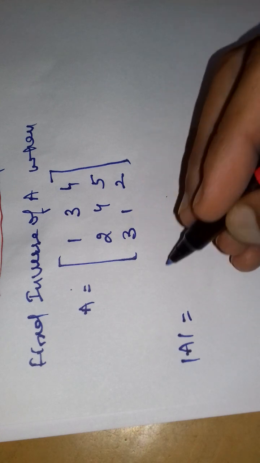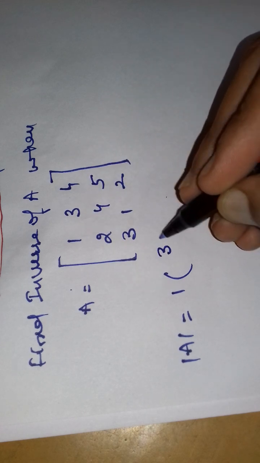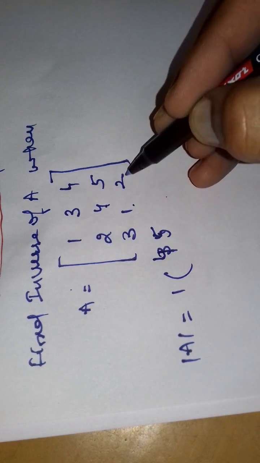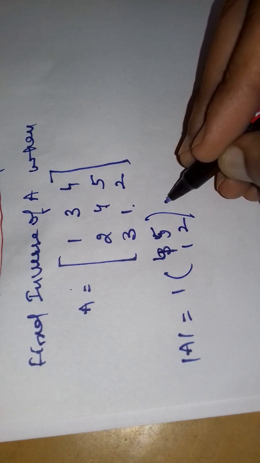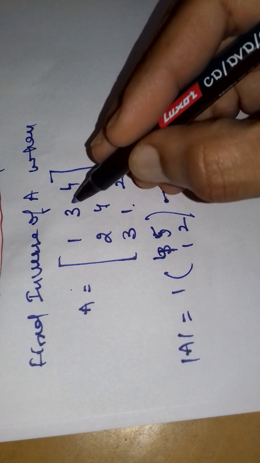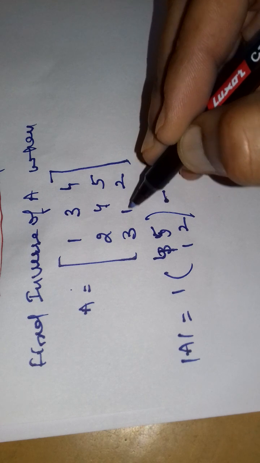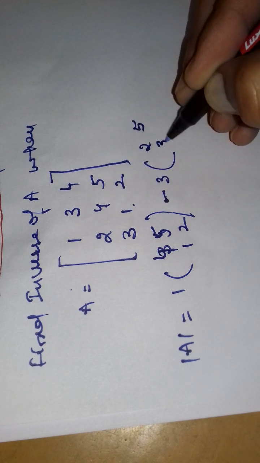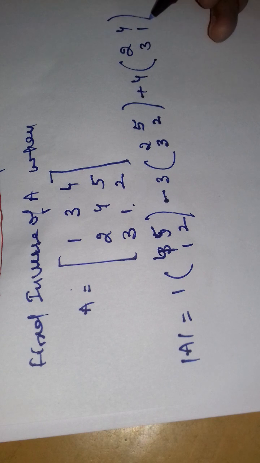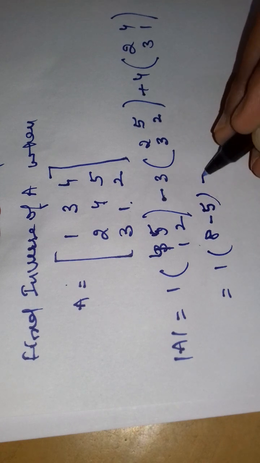A determinant equals 1 times, by deleting first row and first column, we get 4, 5, 1, 2, minus 3 times, by deleting the same row and corresponding column, we get 2, 5, 3, 2, plus 4 times 2, 4, 3, 1. I'm solving it.